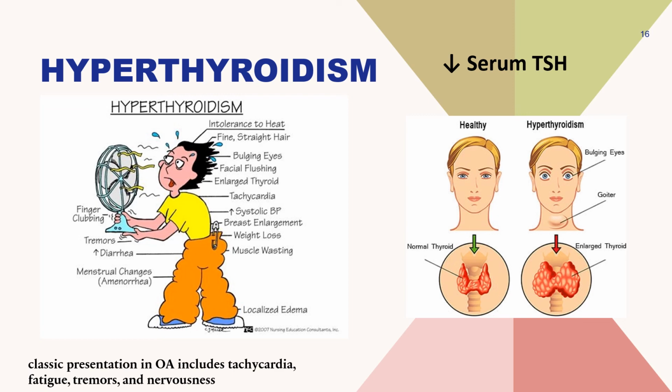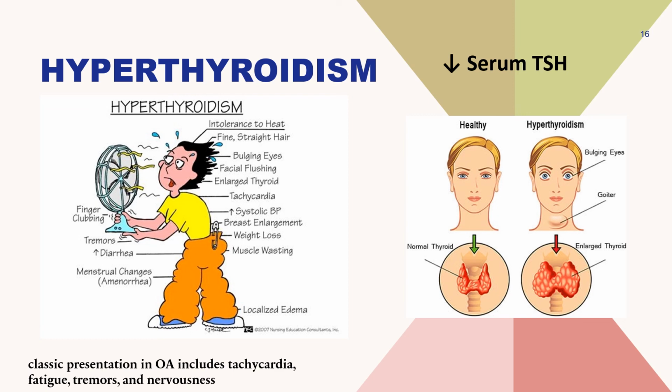The classic presentation in the older adult is 4 major things. They're tachycardic, they're tired, they're kind of shaky or having tremors, and they feel nervous, okay? This is in contrast to the typical hyperthyroid symptoms that you see here in the cartoon character of normal average age adults.